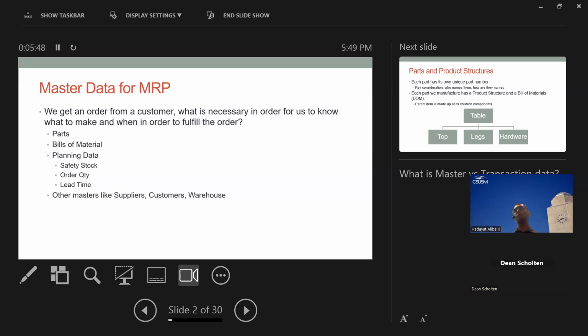So 10 minus 3, week 7. And then suppliers, customers, warehouses. All of those are also needed because they're going to be recorded in our planning: from whom we're buying, where it's going to be stored, and so on and so forth, right?